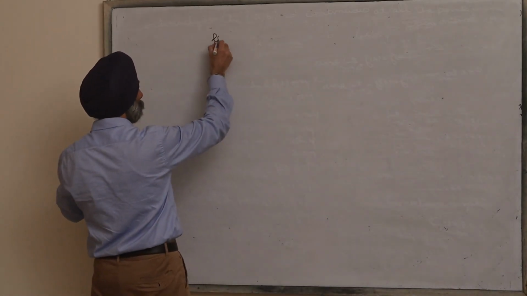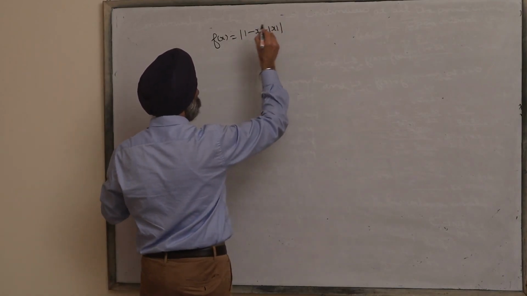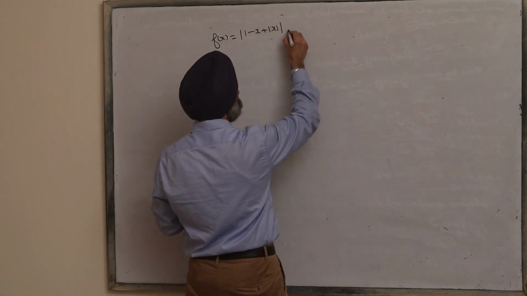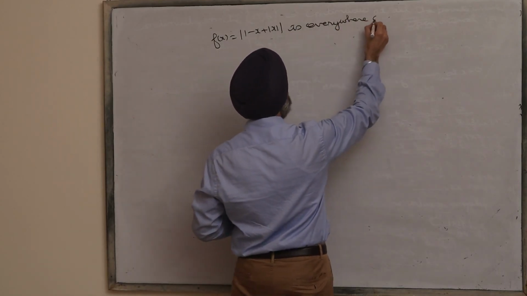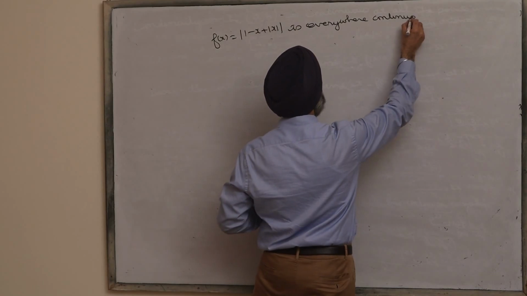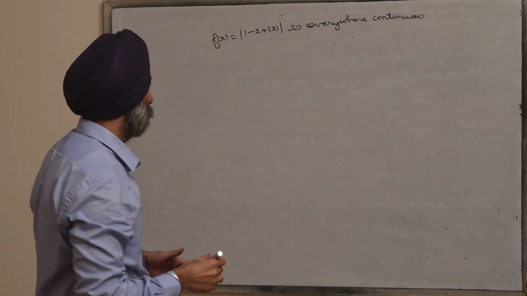Show that f(x) is equal to modulus of 1 minus x plus modulus of x is everywhere continuous. We have to show that this function is everywhere continuous.